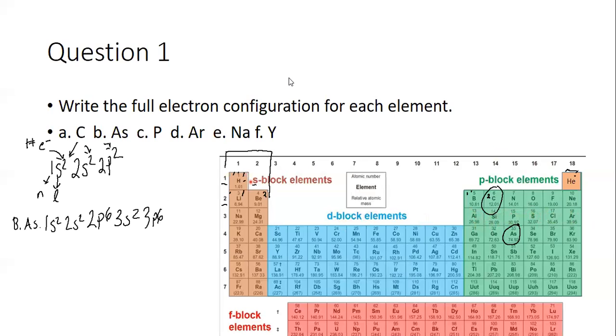Go back to the s block. Hopefully doing this long one is making you see what's going on here. Potassium, 4s1, 4s2 for calcium. Not there yet. And this is the only tricky part about it. Anytime you get to the d block, the number for the d block is the row number minus 1.